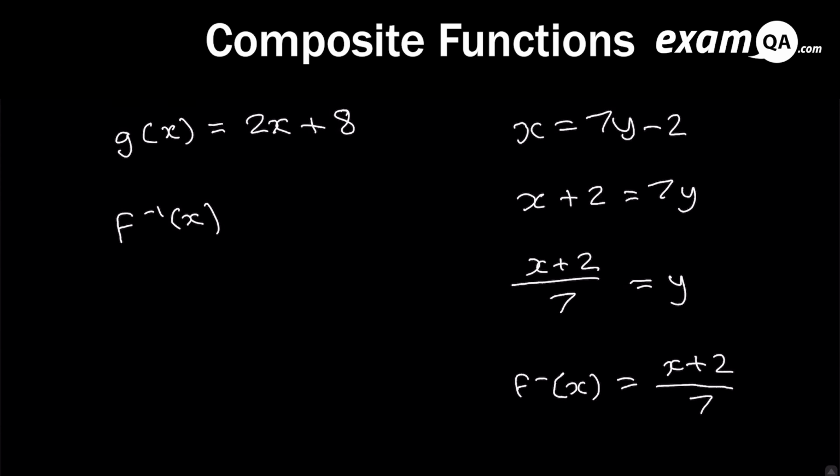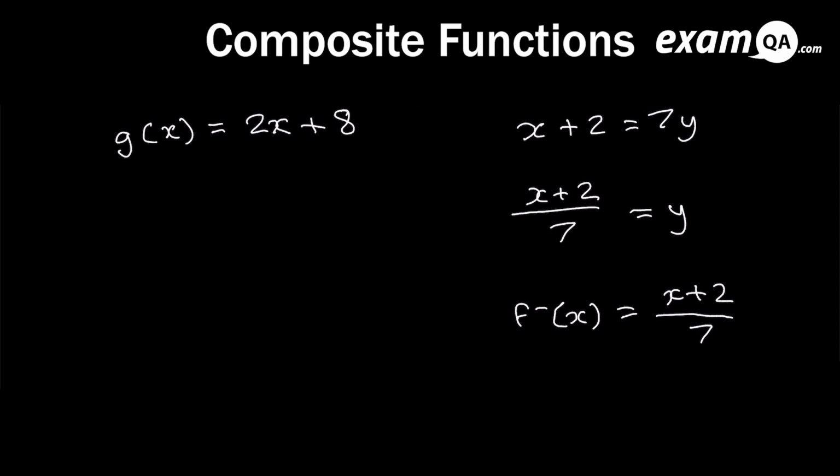Let's try one more example. We're going to do it with now gx. So we're going to work out g inverse x. So we have gx equals 2x plus 8. So to start off, we're going to write y equals 2x plus 8. And like I did before, we'll just swap the x and the y. So what you're doing is where it says x, you write y, and where it says y, you write x.